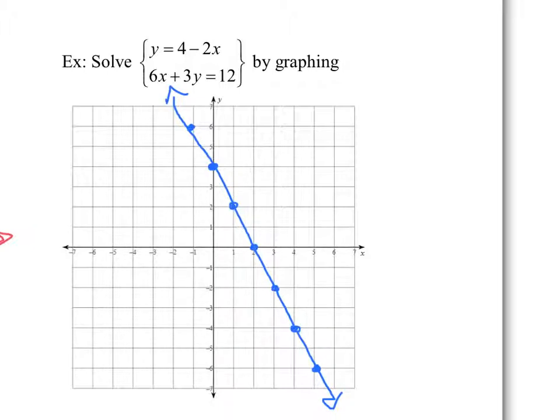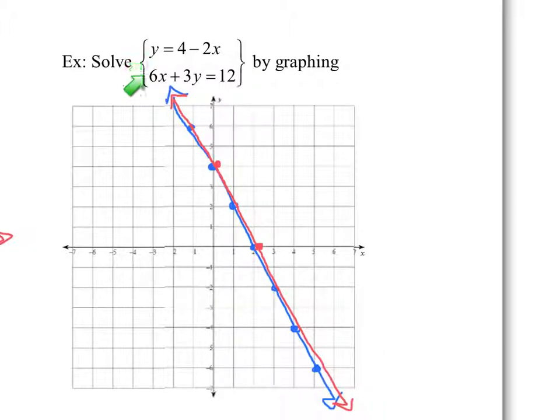So my x-intercept is at 2, and my y-intercept is at 4. And you can see it perfectly coincides with this blue line that I've already drawn. So these equations here were just different ways to write an equation for the same exact line. So in this case, the lines intersect everywhere, and we would write infinite solutions.